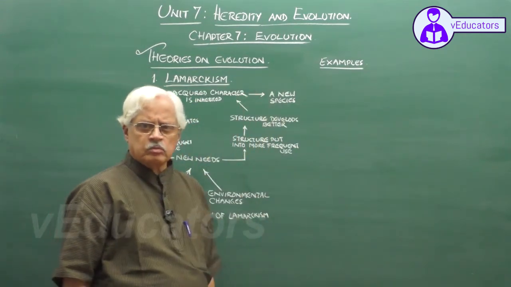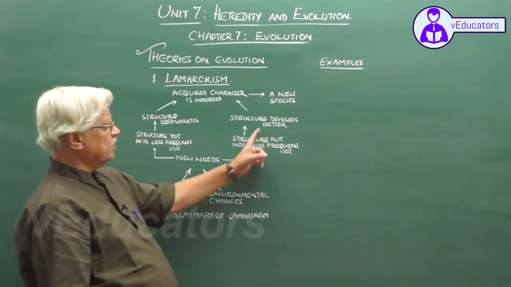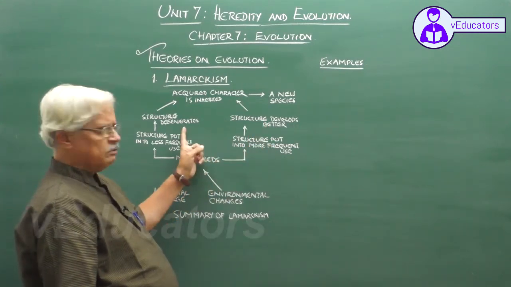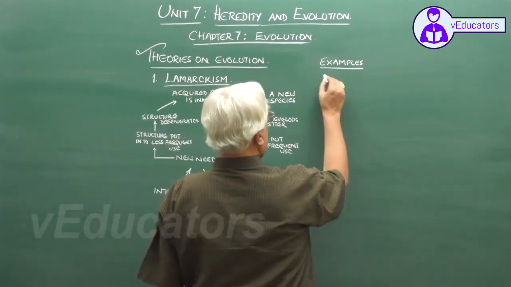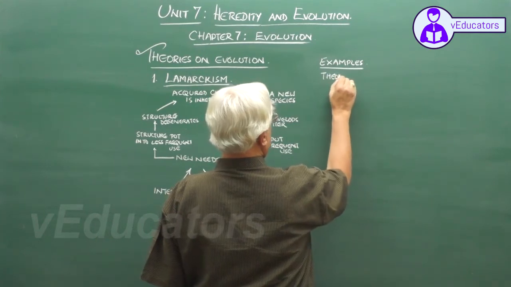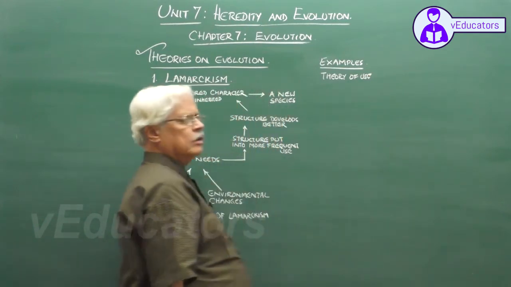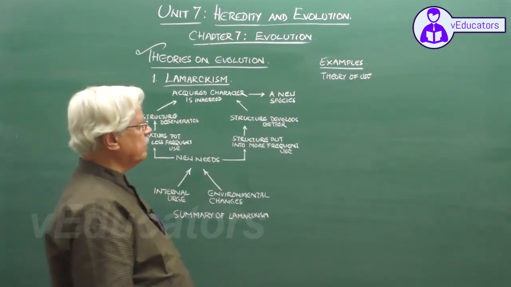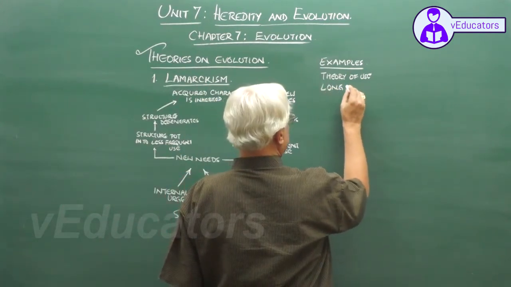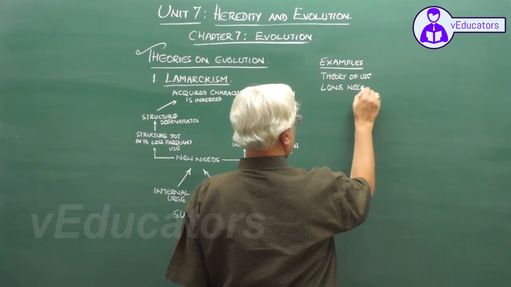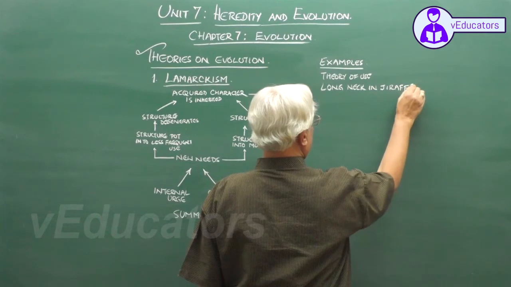Let us examine two of the most familiar examples, one for the idea of use and one for the idea of disuse. For the theory of use, the example given by Lamarck is the appearance of long neck in giraffes.